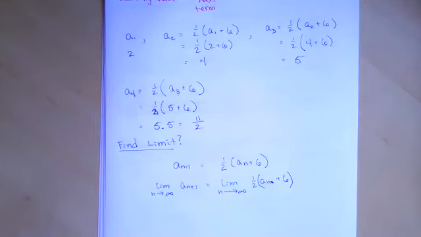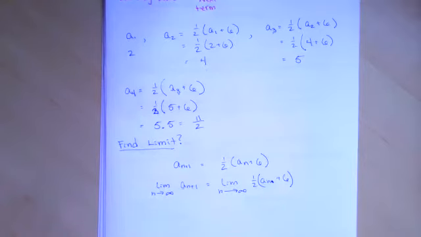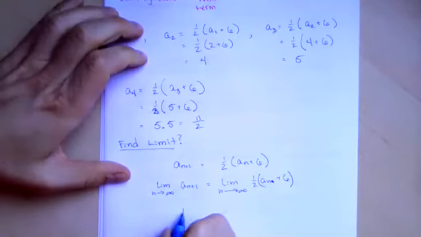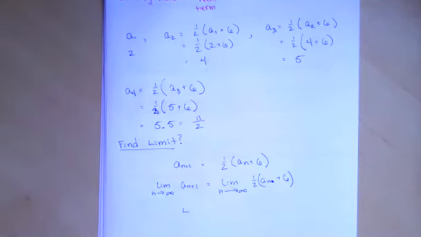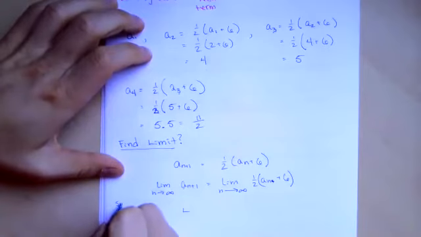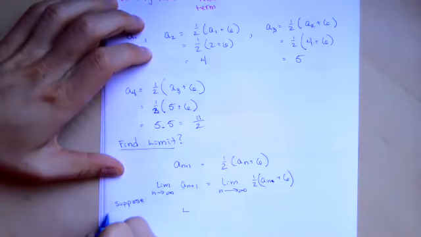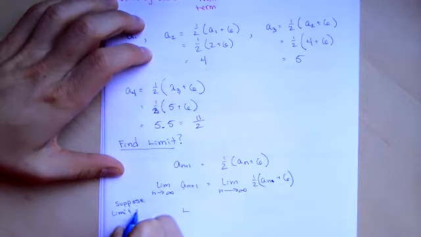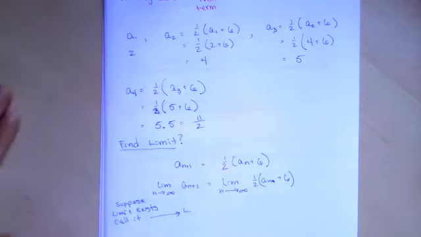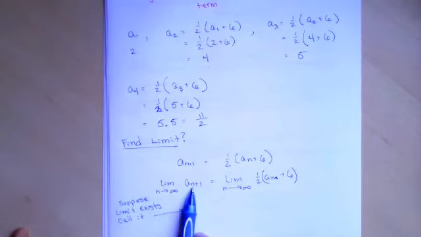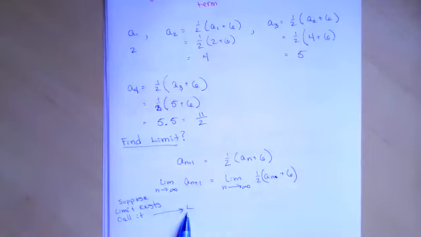And now, what's going to happen? As we go off to infinity, the limit of a_(n+1), if the limit exists, is just going to go to the limit of the sequence. So suppose the limit exists, and we're going to call it L. So whether I start at the next term or the current term, as the terms get bigger and bigger, they're both going to go to that limit.